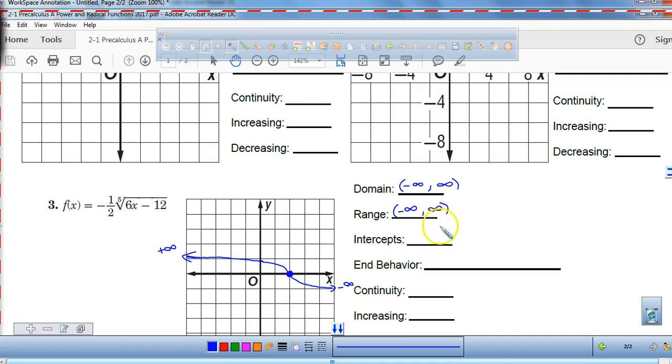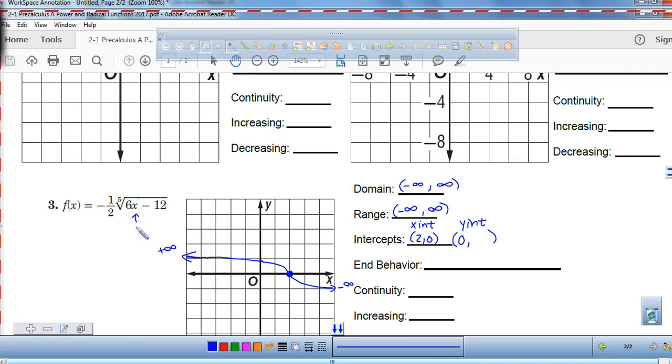Now the intercepts. We have two intercepts. We have an x-intercept, and that's pretty easy to see. The x-intercept is right there at 2, 0. We also have a y-intercept. Now where is the y-intercept located? It's located at 0, comma. Let's plug in a 0 right here.